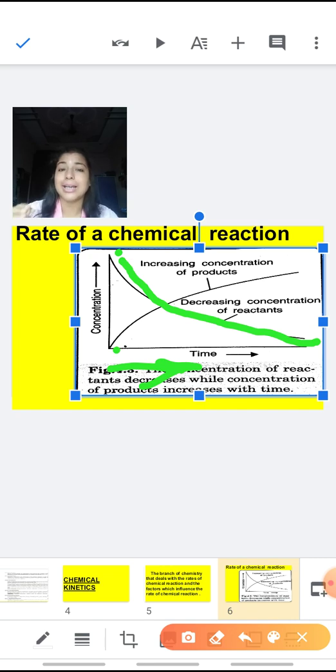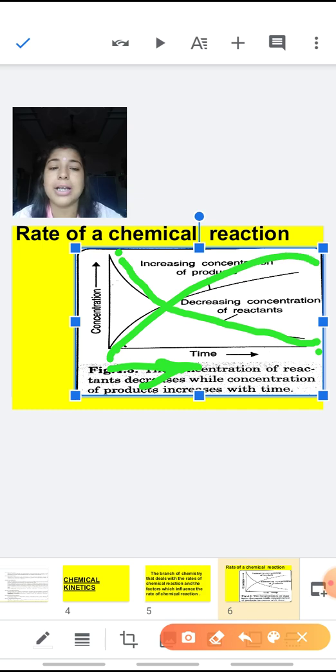Only the reactant is there, in very high quantity. When the reaction proceeds, the quantity of reactant keeps decreasing and that of the product keeps increasing. So the graph of the reactant goes down and that of the product goes up.